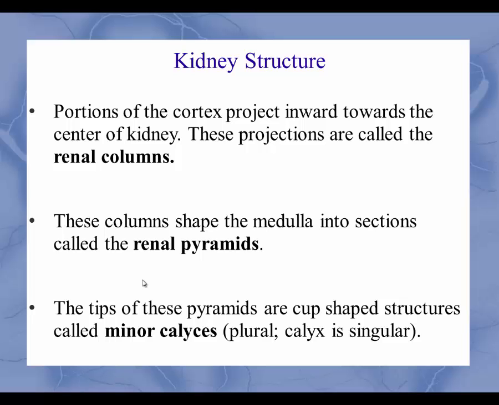At the very tips of these pyramids is a structure that looks kind of like a cup, and these are called minor calyces. Calyces is plural; singular would be calyx. So you have multiple minor calyces.